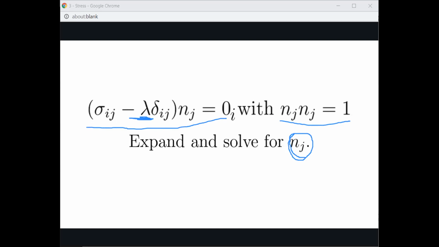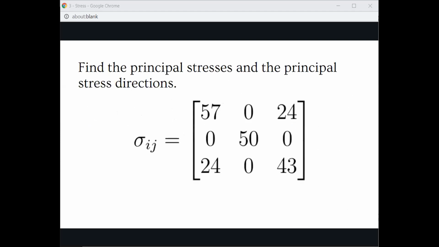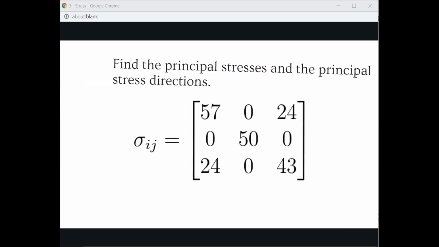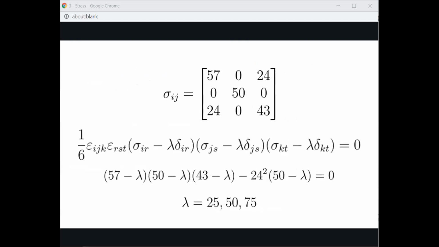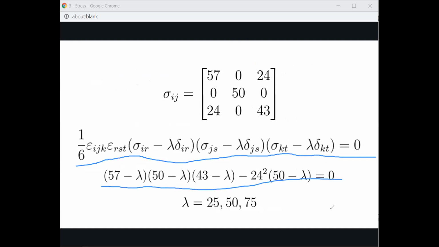Siguro this will be better if we put it in an example. So we find the principal stresses and the principal stress directions given this state of stress for a point. Again, we expand this equation, right? This is just the determinant equation. And by expanding this, we should get this cubic equation.